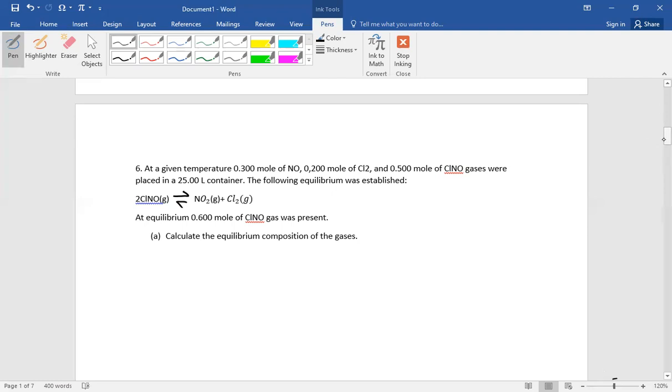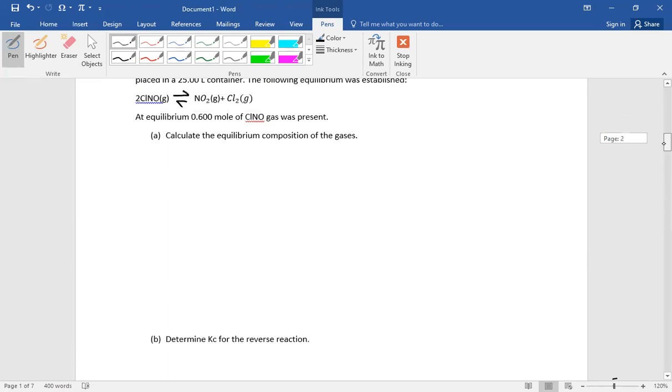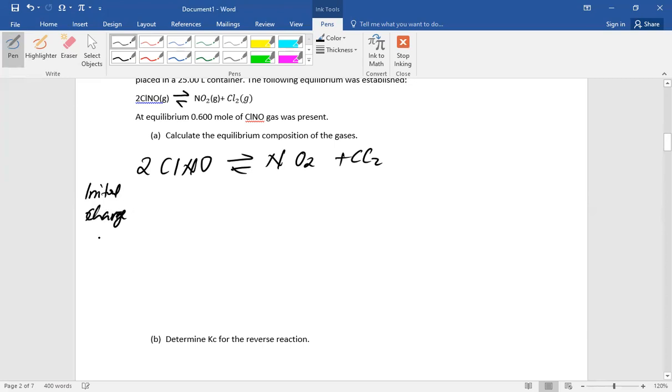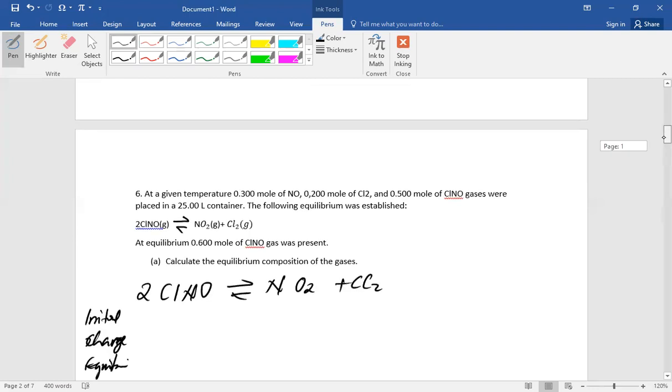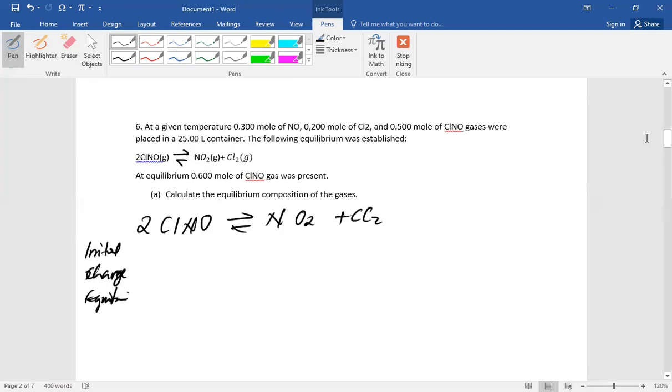Here, we'll need to use the IC tables. So we have the reaction 2ClNO to N2O and CO2. The first thing we're going to do is put the initial number of moles in. After the change, we're going to go to equilibrium number of moles.